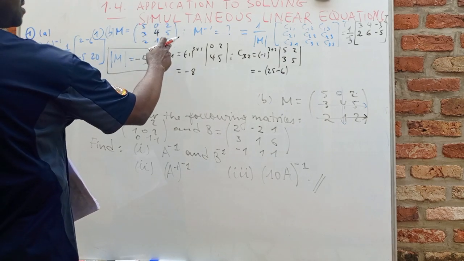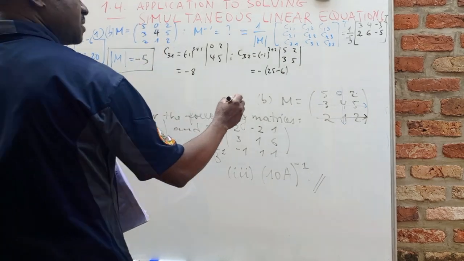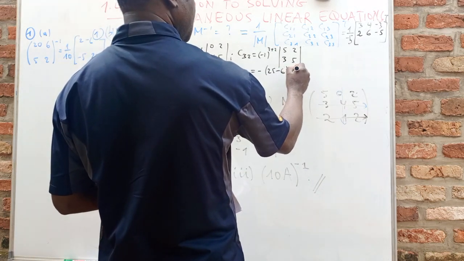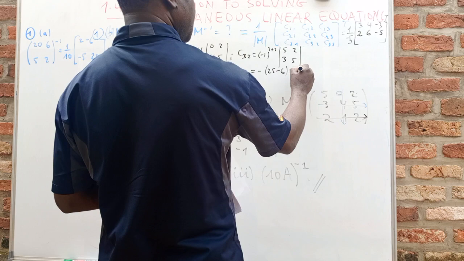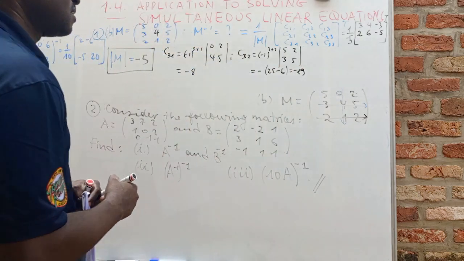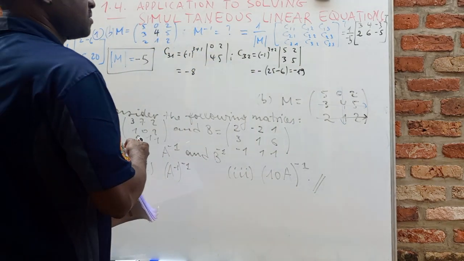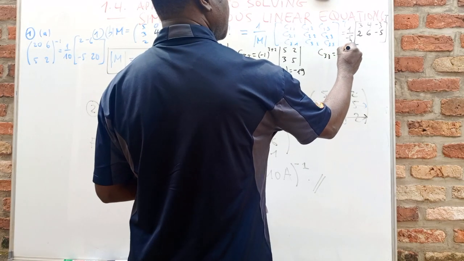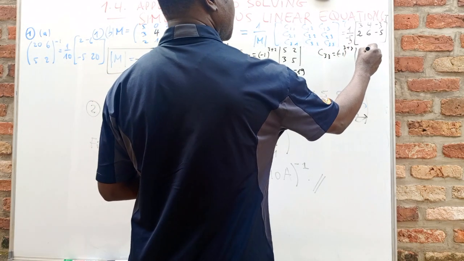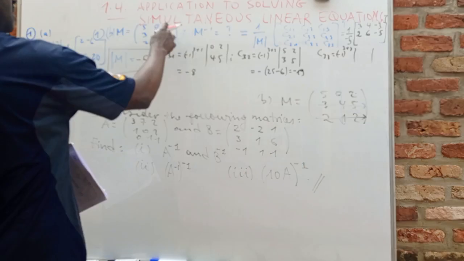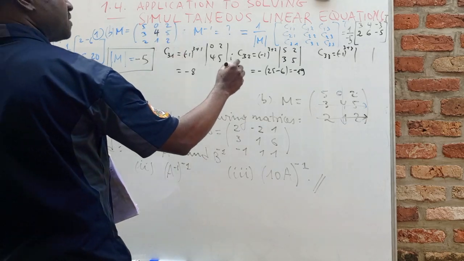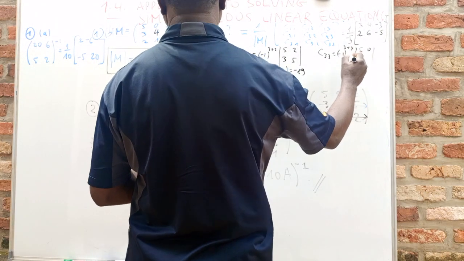I'm here and here. Then I have 25 minus, yes. This is negative 19. Okay, I hope it's correct. Now the third component is -1 to the power 3 plus 3. Determinant of this one and this one. We have 5, 0, 5, 0, and 3, 4.